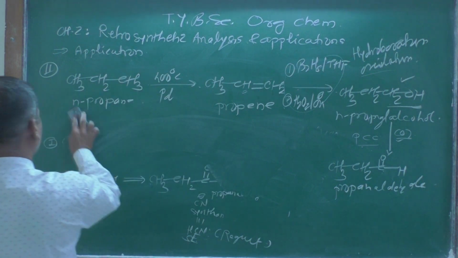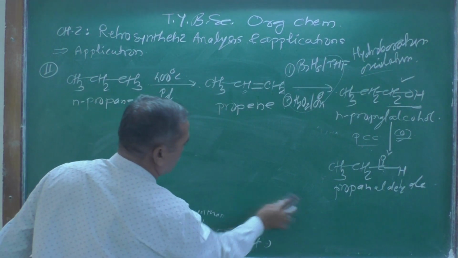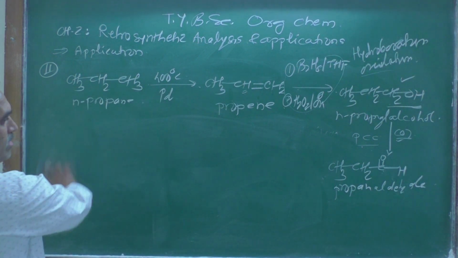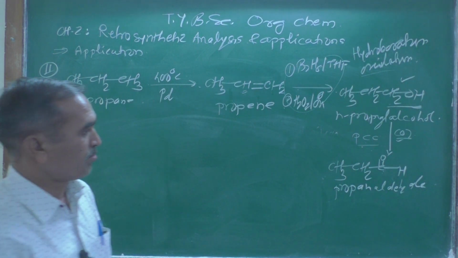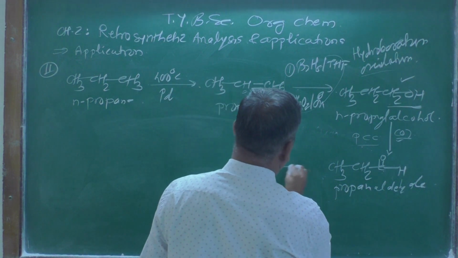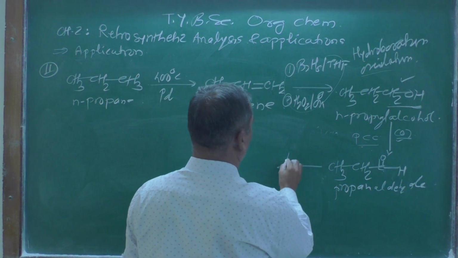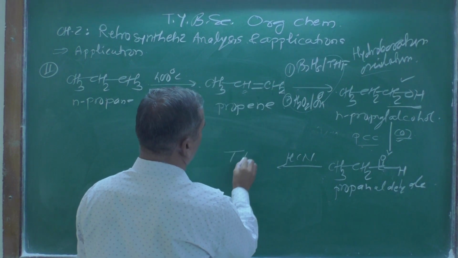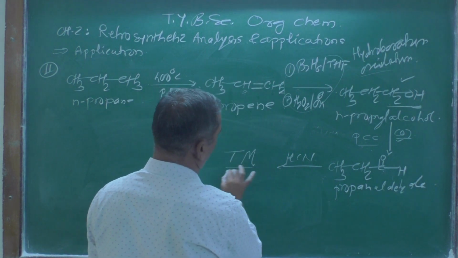And now let us see the next point I am going to discuss. Finally, this propanaldehyde is treated with hydrogen cyanide or sodium cyanide. You will get your target molecule.